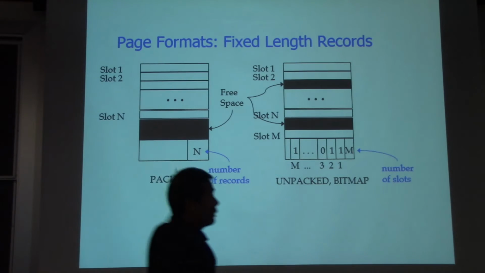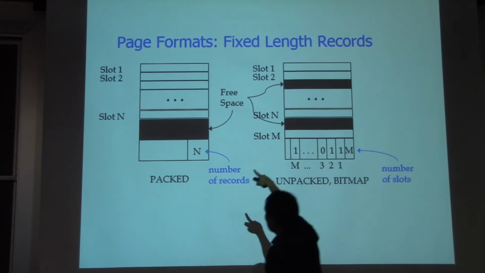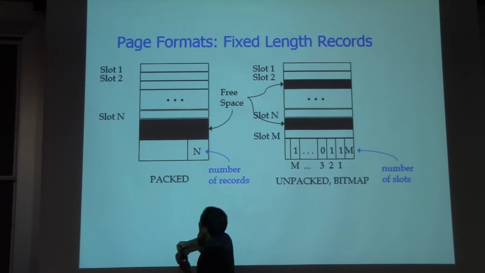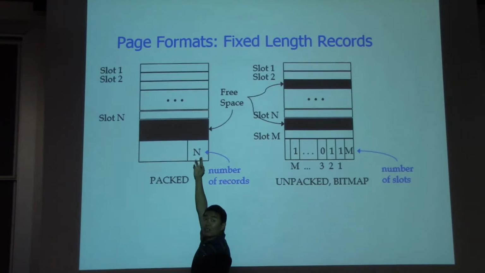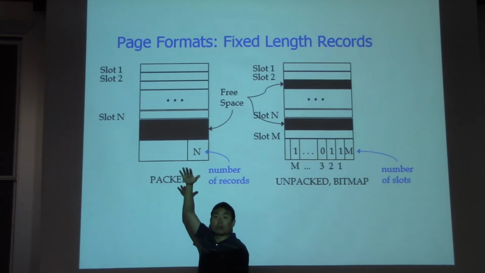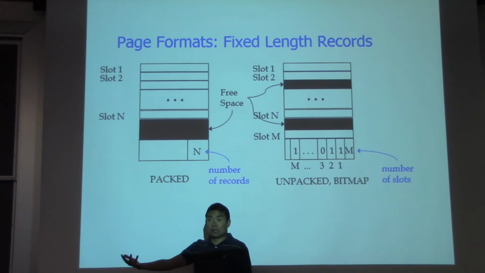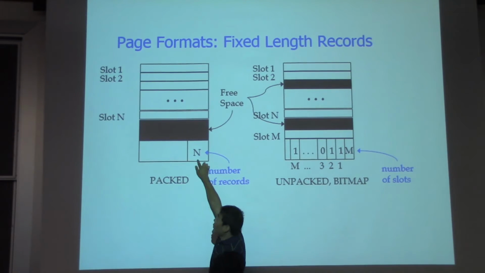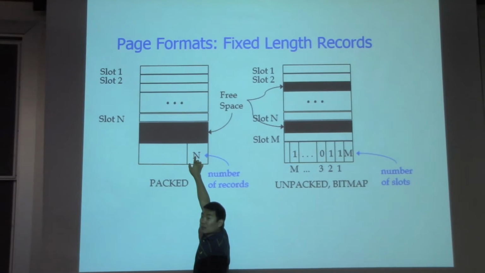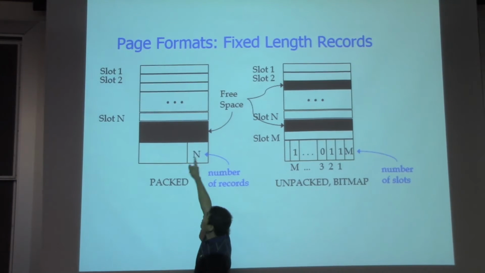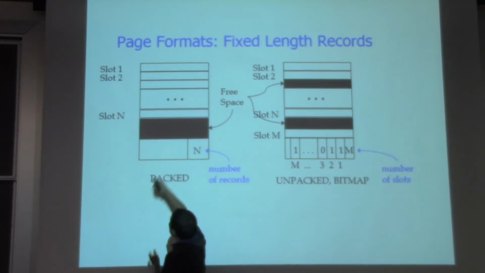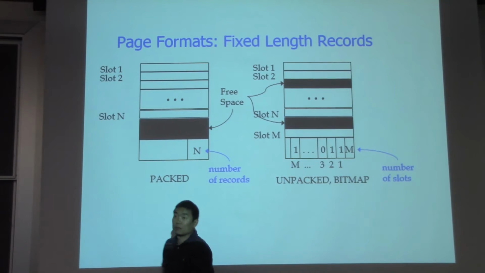And what's the benefit of this approach? Well, this n is not the maximum number of slots you have, but the number of slots occupied by actual records. If you do this approach, all you need to do is remember one value n, and with this one value, you can figure out this boundary line very easily.